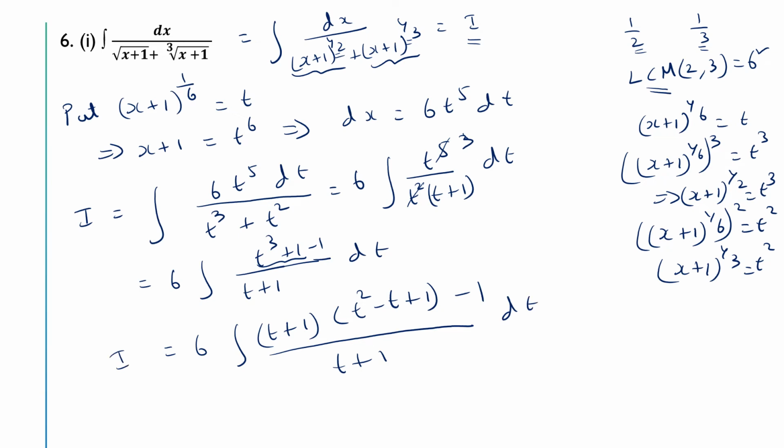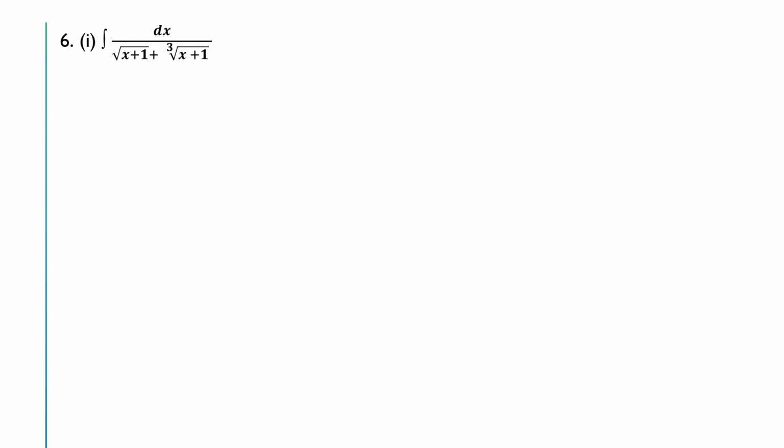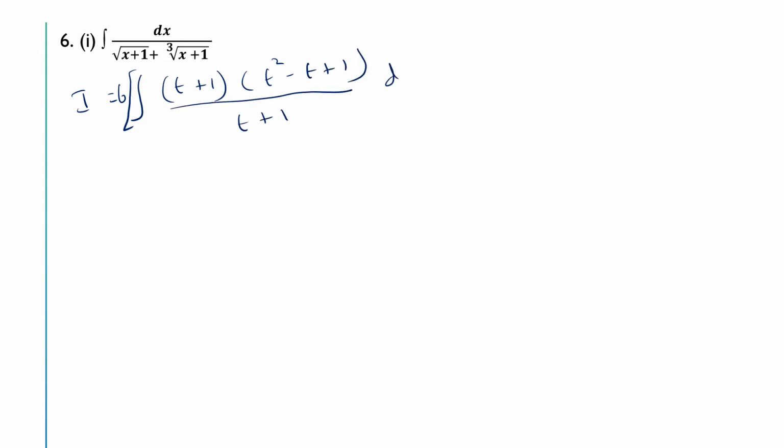So let me continue here. So I will be equal to 6 integral t plus 1 into t square minus t plus 1 divided by t plus 1 dt minus integral dt by t plus 1. So these two will go.